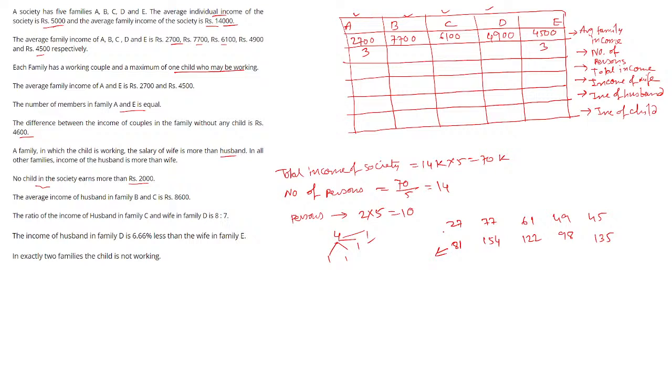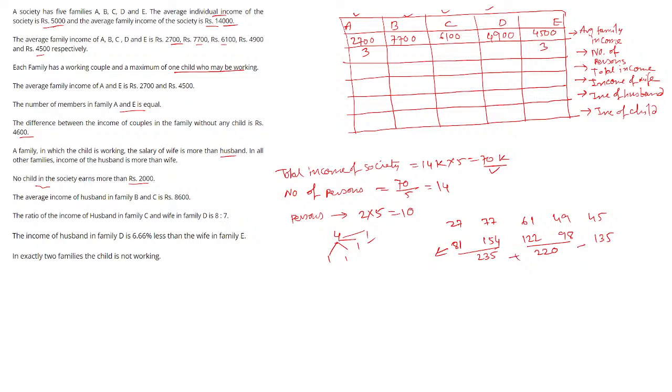Now what is the sum total of this? The total income of the society is 70,000, and we have to check it along with the number of persons in each family so that we get 70,000. Now this is 81, this is 98, so this would be 100, 220, and this would be 235.